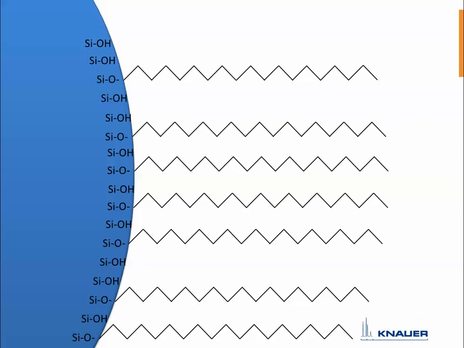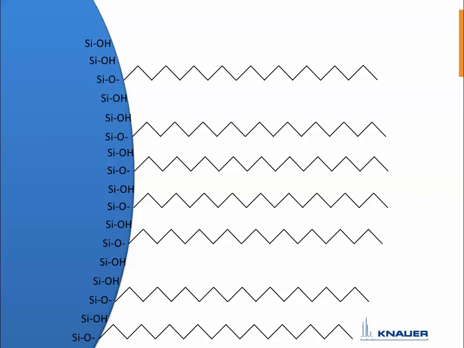But let's first have a look at what a reversed phase particle is. So here you see a silica gel, bare silica gel, nothing on it. And if you now want to make a chemical reaction to get a reversed phase particle, you first have to bring on a chain. Here it's an example, most often used, a C18 chain. So you do a chemical modification step and bring these chains onto your silica gel particle. And the result now is a non-end capped C18 phase.